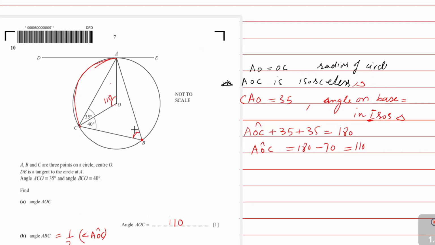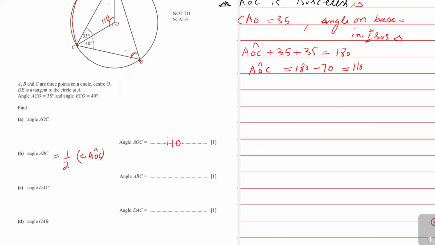This is 110, therefore this is the half of 110, and we use this property, and according to this, the angle at center is double to this angle ABC, and this angle will be half of AOC, and we write angle 110 divided by 2, this is 55 degree, we write 55 degree.